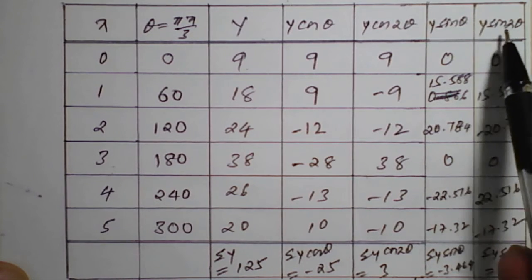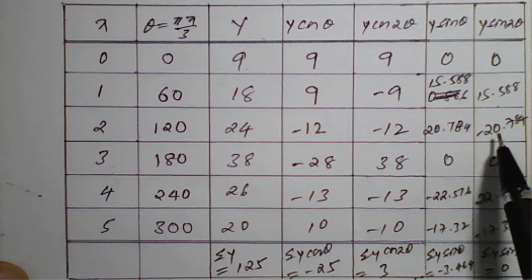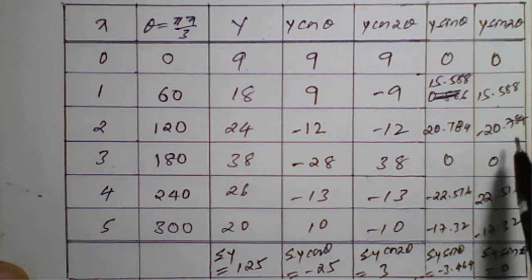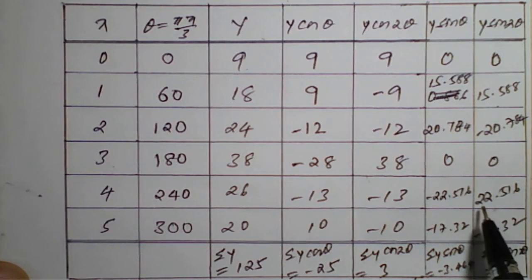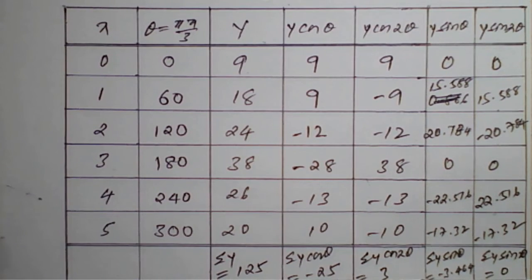Similarly, the values of y sin 2 theta are 0, 15.588, minus 20.784, 0, 22.516, and minus 17.32, and the summation of y sin 2 theta is 0. With the help of these values, we will find the values of A0, A1, A2, B1, B2.